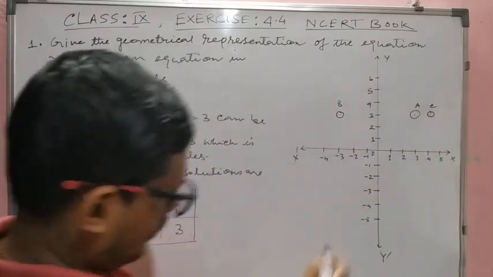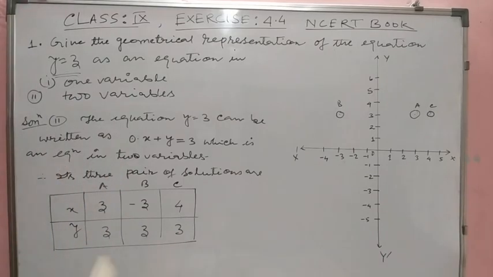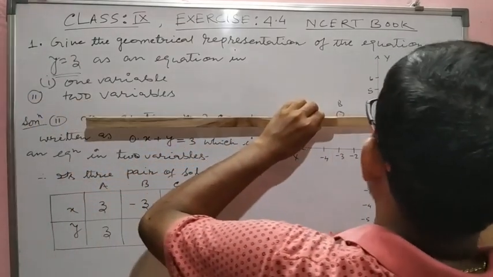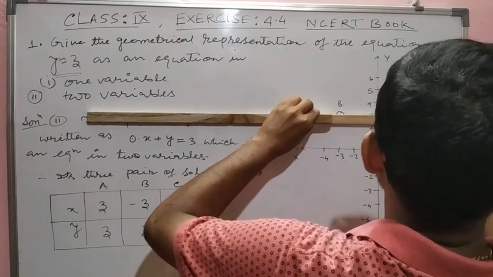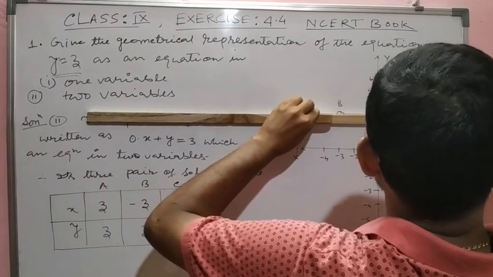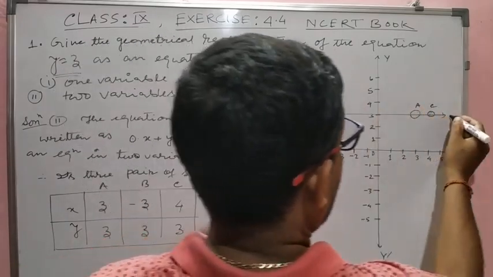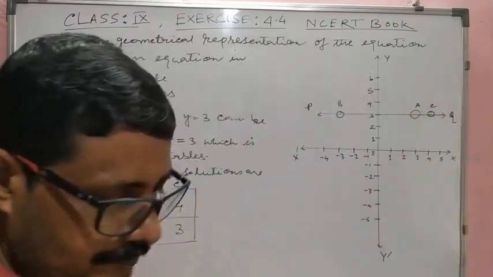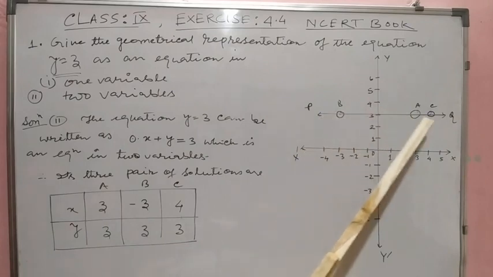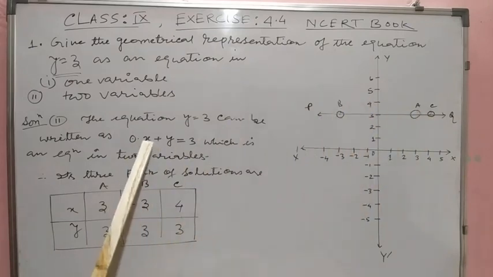Now if we join them, we get a straight line. Let us join this. We get a straight line PQ. So this is the straight line represented by this equation in the Cartesian plane.